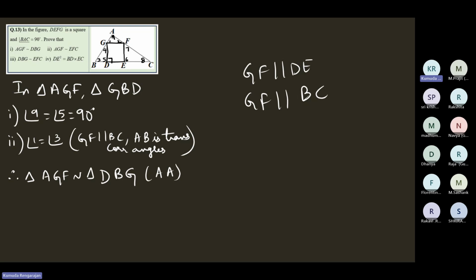Name the triangles in the correct order. AGF. A is 90 degrees. So you must write D in the second triangle. G is angle 1 in the first triangle.